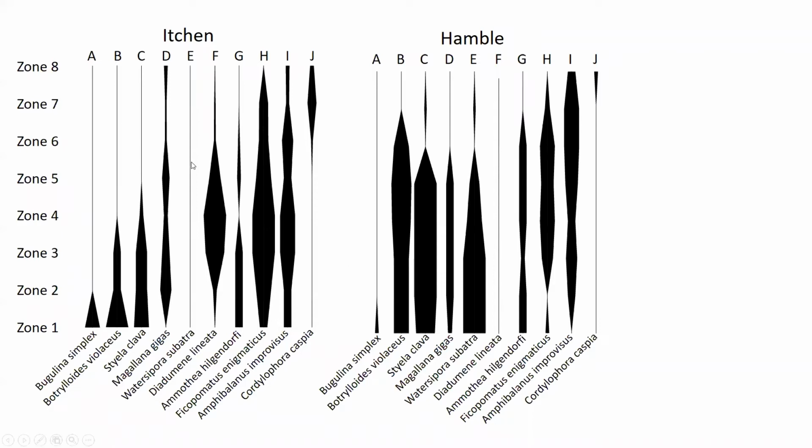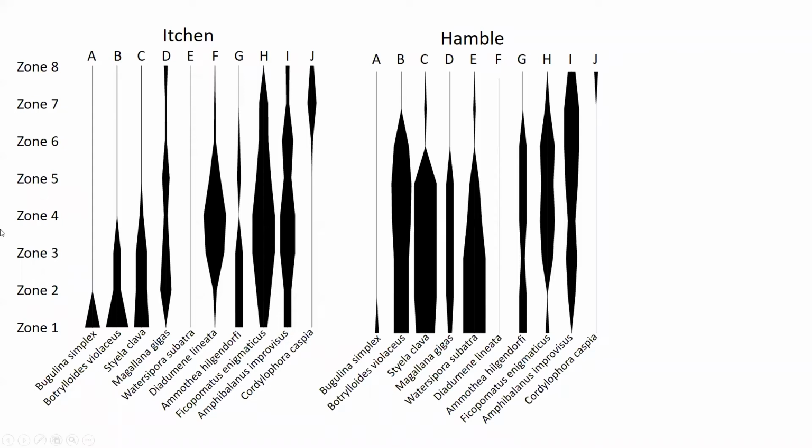But where the species occurs, that line gets broader, proportional to the average abundance in that zone. So here, there's a very abundant species in zone 4, but it peters out to either side of that, becomes less abundant to either side of that. And where the line is minimal, the species is absent.